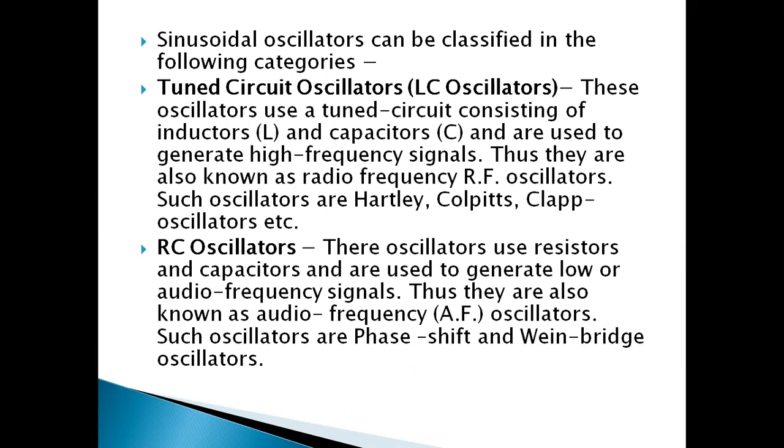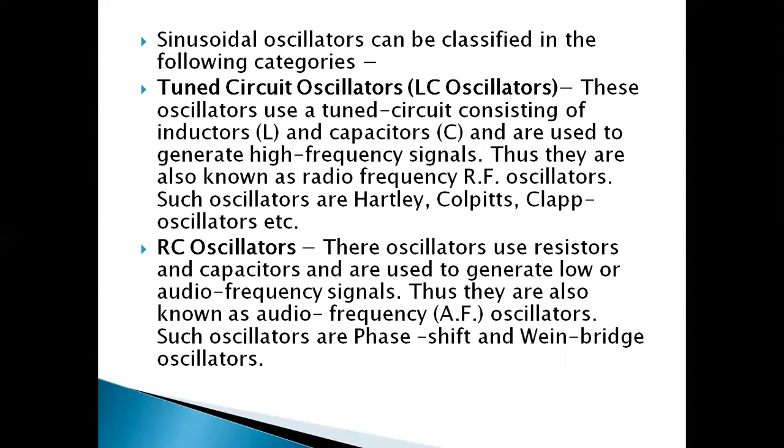So if the oscillator uses inductors and capacitors in the circuit, then those types of oscillators are called LC oscillators or tuned circuit oscillators. If you use LC components in the feedback network, that type of circuit is known as a tuned circuit or LC oscillator.